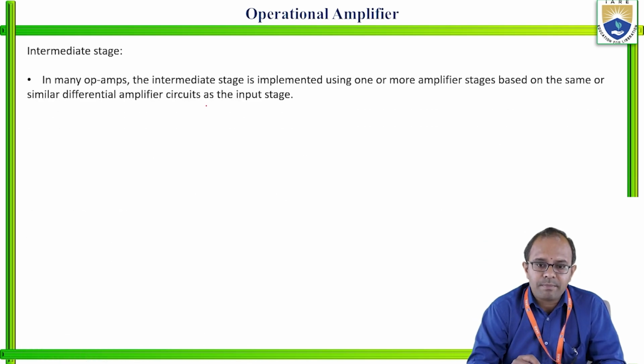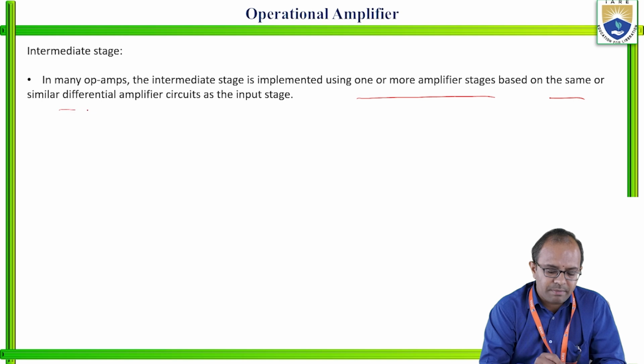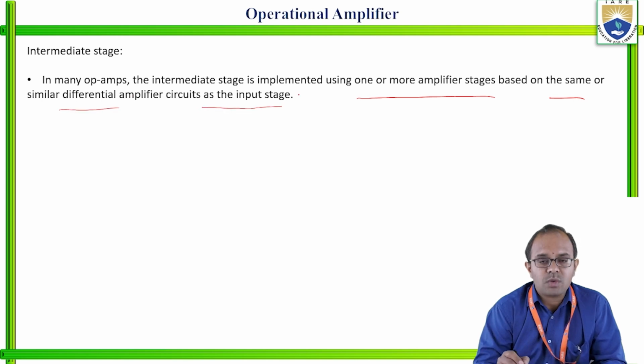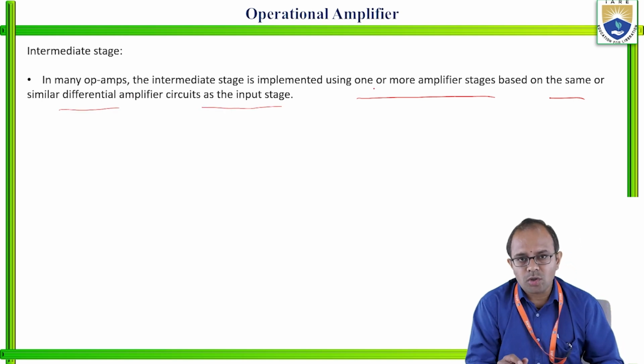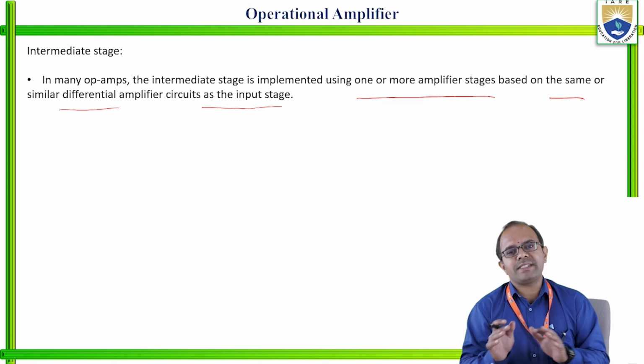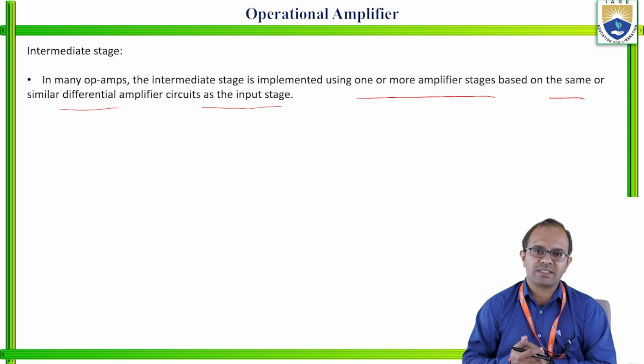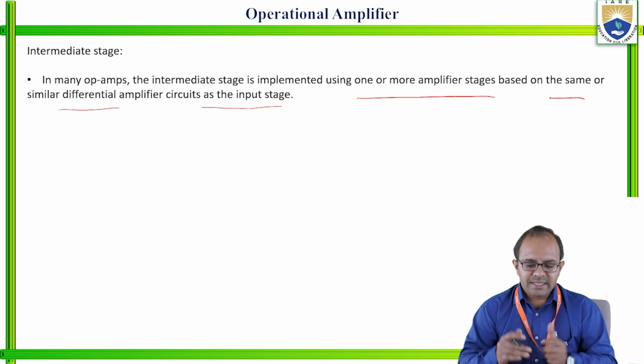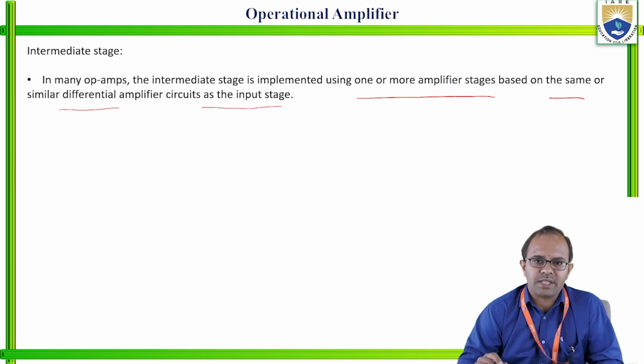In many op amps, the intermediate stage is implemented using one or more amplifier stages based on the same or similar differential amplifier circuits as in the input stage. So don't think the intermediate stage is some other amplifier circuit. No, not at all. It is very much similar to the input stage.